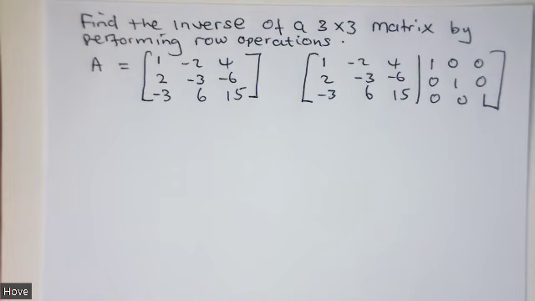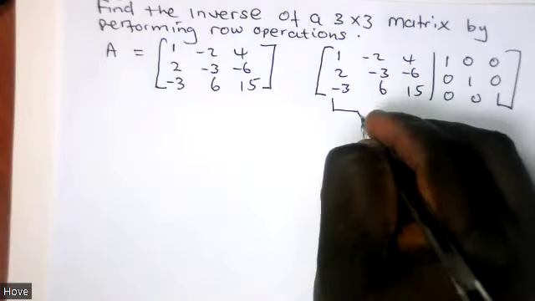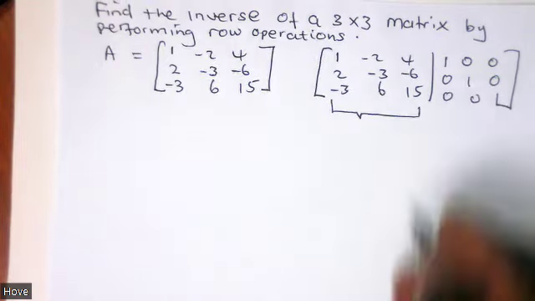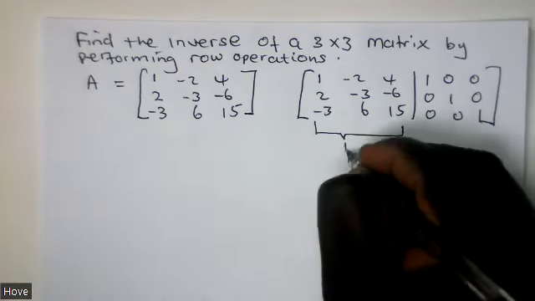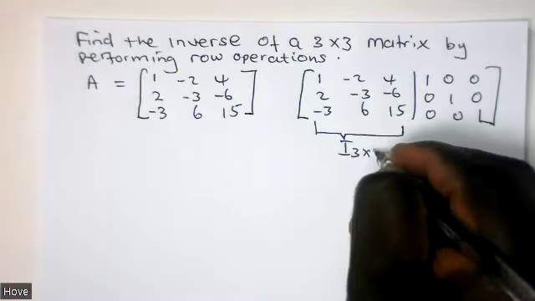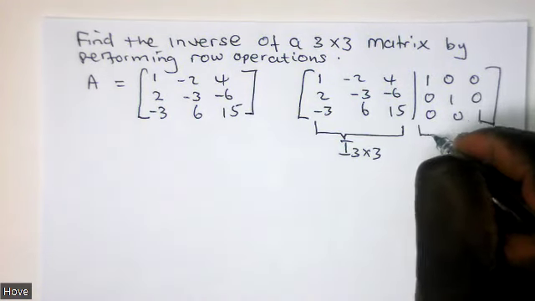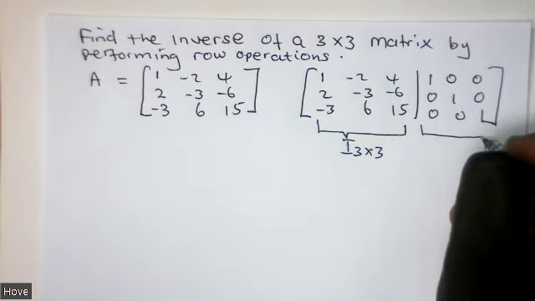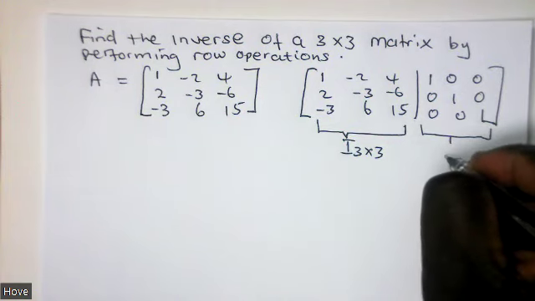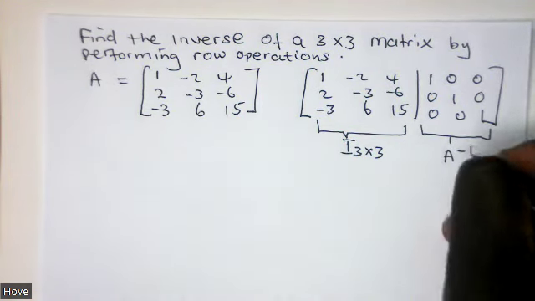Once you are familiar with those operations, you can then come and watch this video. So what is the strategy here? The strategy is to perform row operations across this augmented system, so that what we have on this side must be a 3 by 3 identity, and what will result on this side will be A inverse.